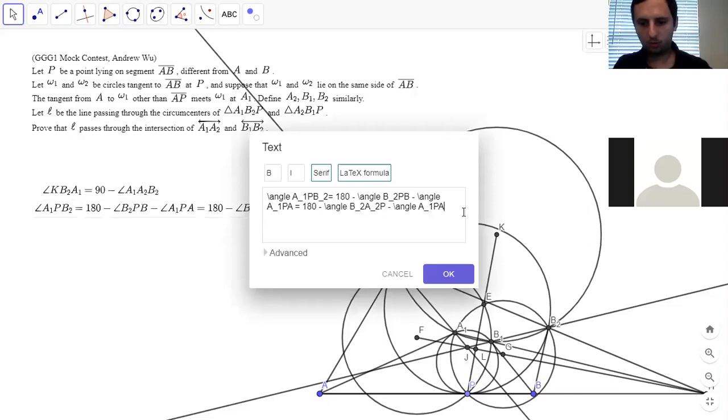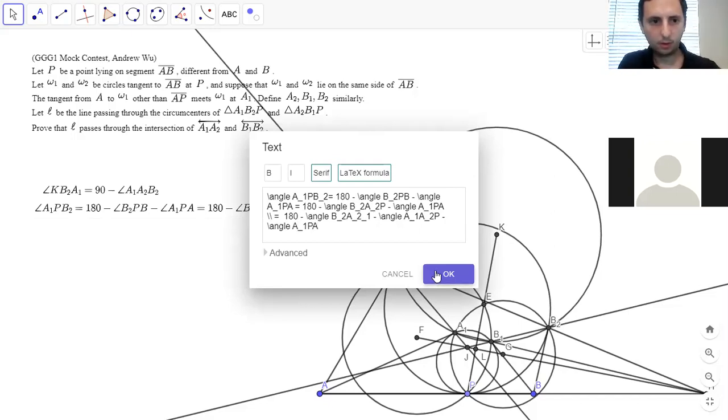Yeah, so it would be 180 minus B2 A2 A1 minus A1 A2P minus A1 PA.